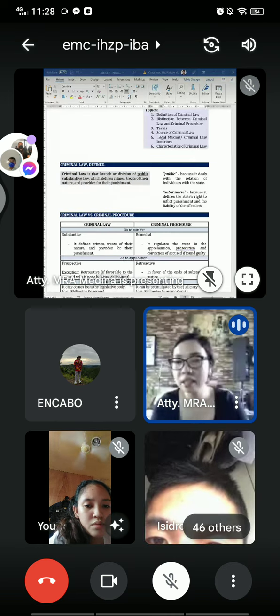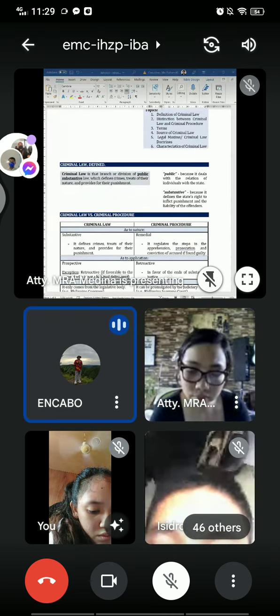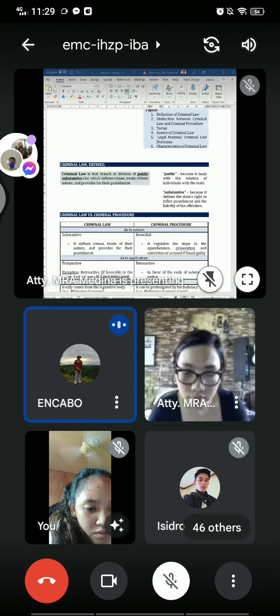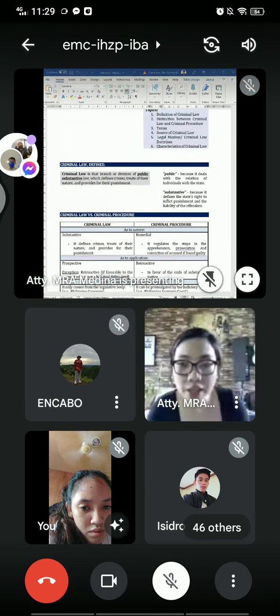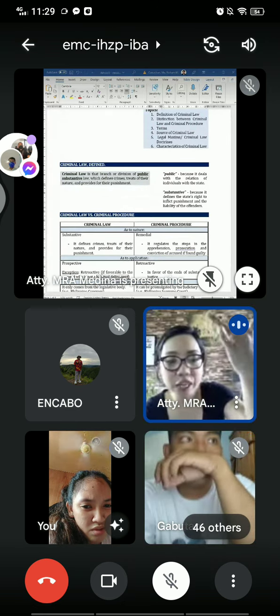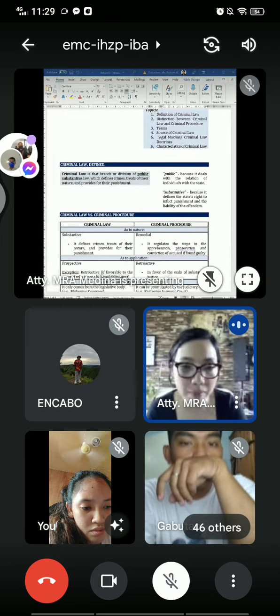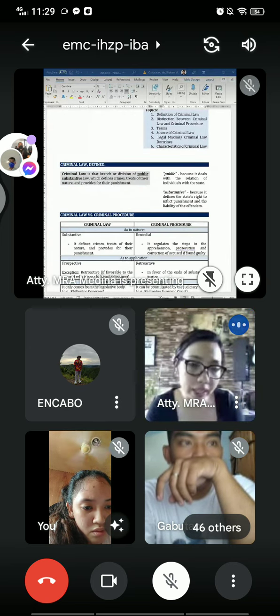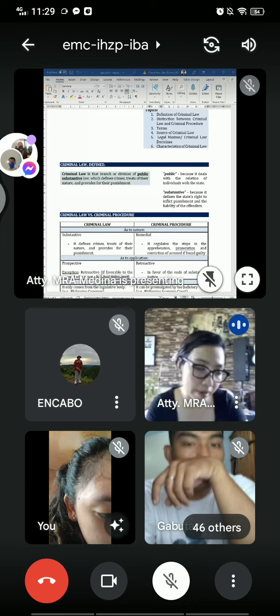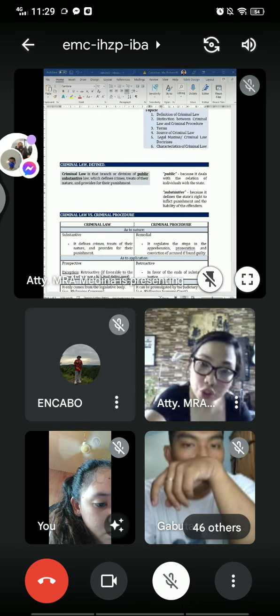Okay? Three powers. Those are three departments: legislative, executive, and judicial. The three departments are executive, judiciary, and legislative. Those are the three departments of the state. But the three powers of a state, what are they, Diyosa? Diyosa?